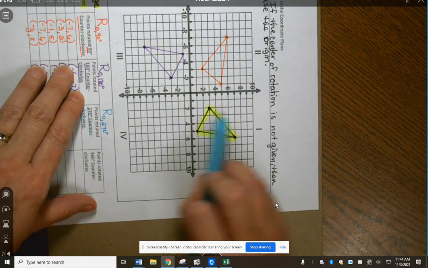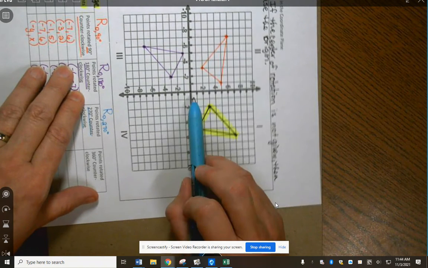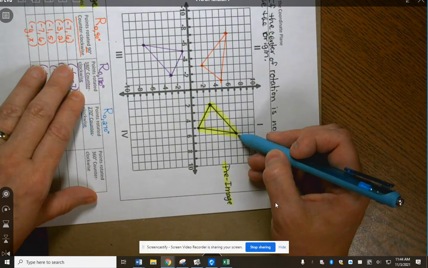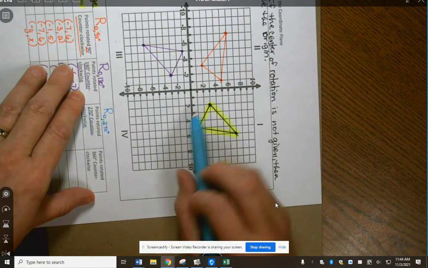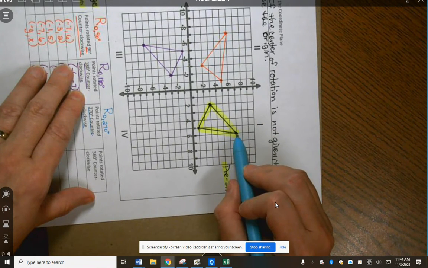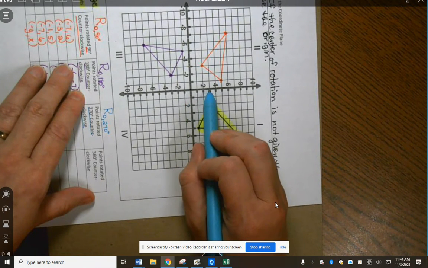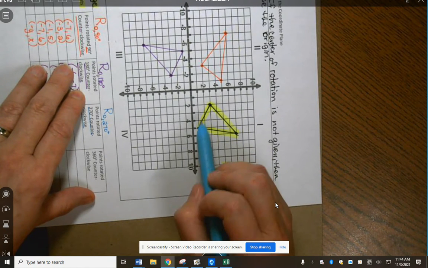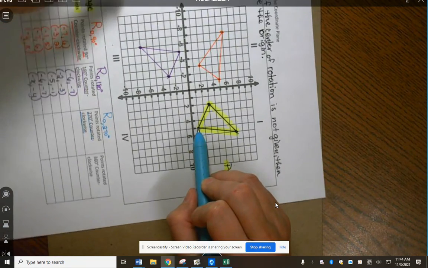The point that was at 6, 7 is now going to be at positive 7, negative 6. The point 2, 3 is now going to be at positive 3, negative 2. And the point 5, 1 is now going to be at positive 1 and negative 5.